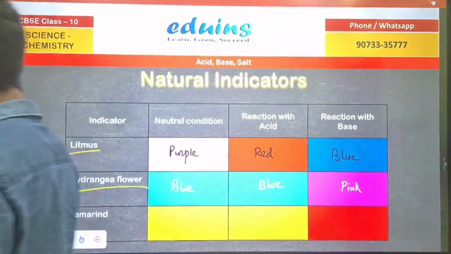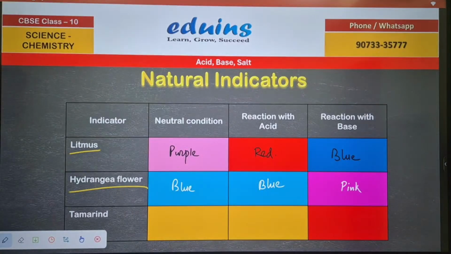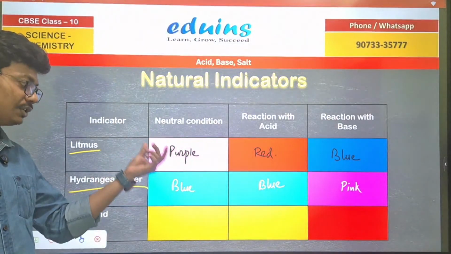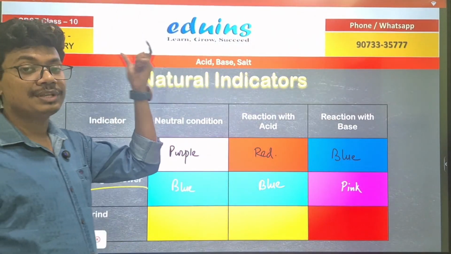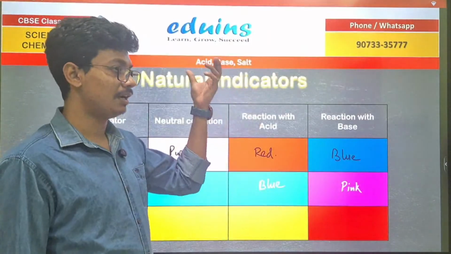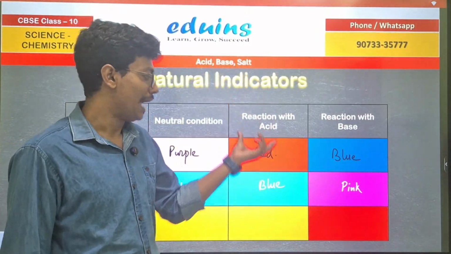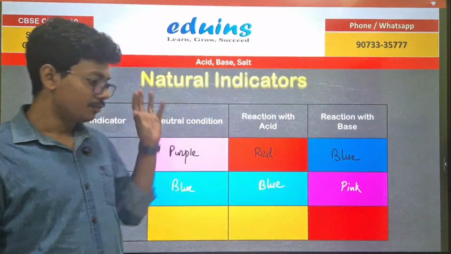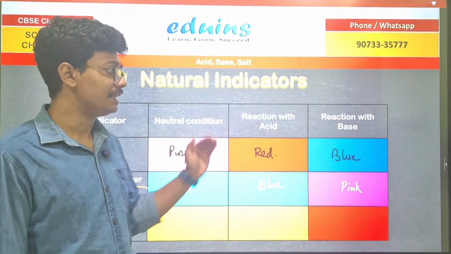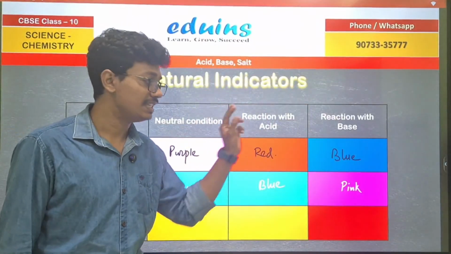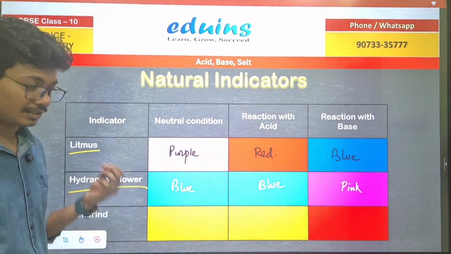Clear? So the second natural indicator is the hydrangea flower, which in neutral condition is blue. When it is put into the acid medium, it would not change its color, but in case of basic medium it will change its color into pink.